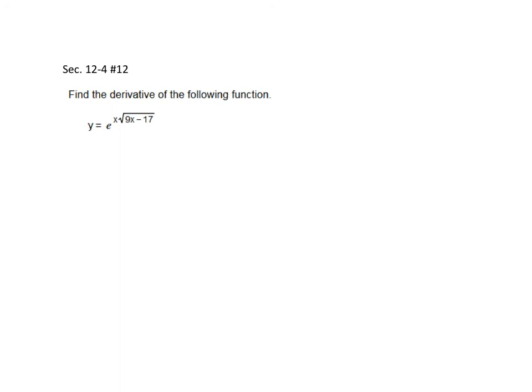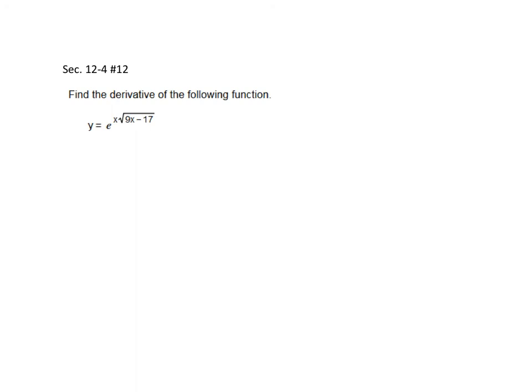power of a product, which is x times the square root of the quantity 9x minus 17. The derivative of e to the x is the easiest one to take because the derivative of e raised to any power is simply e raised to that power.